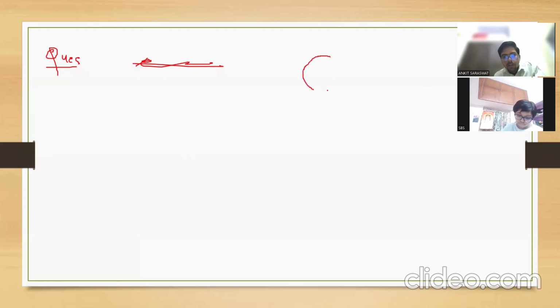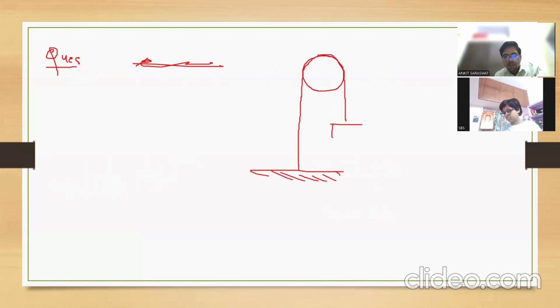This is a pulley. Here it is fixed. One block is there. This block is moving... not moving. I just want the acceleration. Okay, it is 2 meter per second per second square.